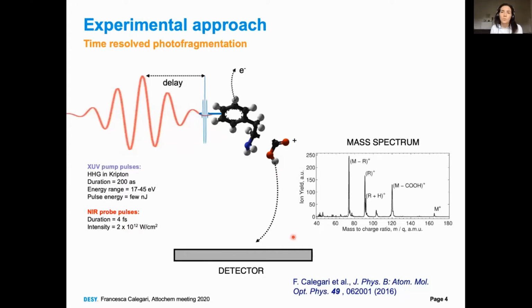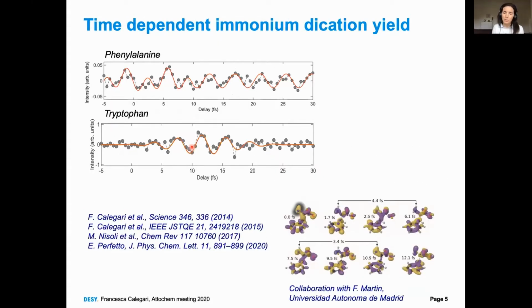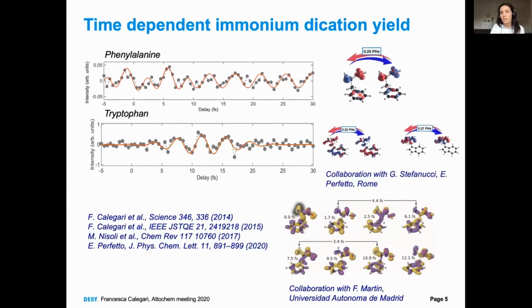Our observable are ions created at longer time delays. But we anyway can see some of the initial dynamics because we have very short time delays between the pump and the probe pulses, and this can affect the creation of ions, such that in the ion yield we can reveal the presence of a fast dynamics. And this is what happened in our measurement in amino acids, and here we observed charge dynamics between different functional groups of the molecules.